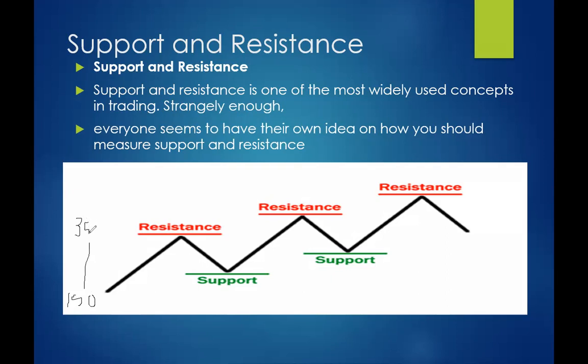And suddenly, the market went down from 350 to 200. Instead of going below, instead of going to 150, it went to 200. That 200 is called a retracement.